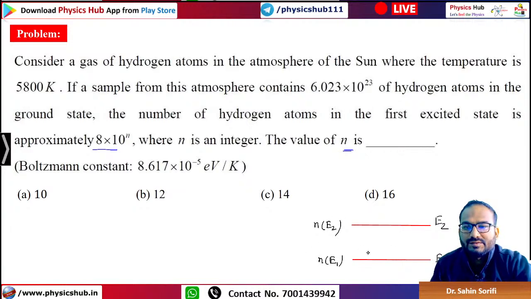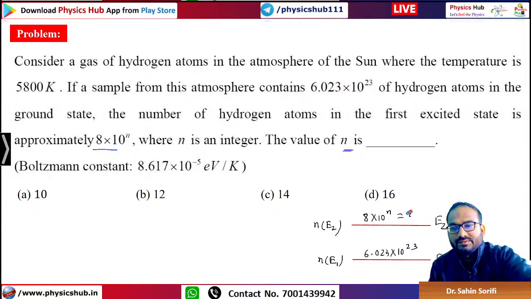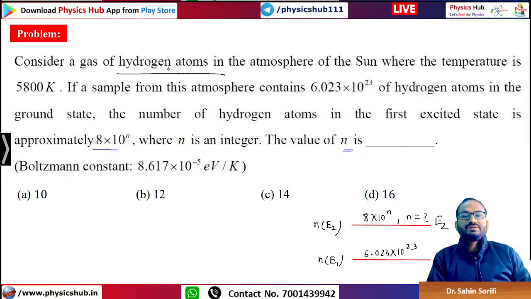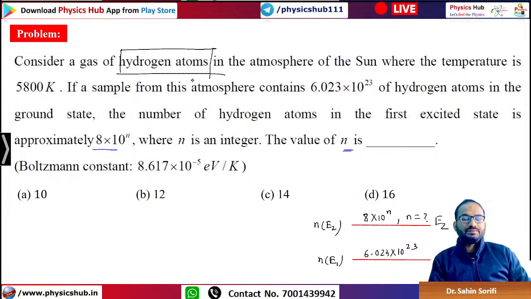So n of E1 is given to you, 6.023 × 10^23, this is Avogadro's number. Number of hydrogen atoms in the first excited state is 8 × 10^n. So what is the value of n? That is what you have to find out. And a hydrogen atom is given to you, so we can easily find out E1 and E2.